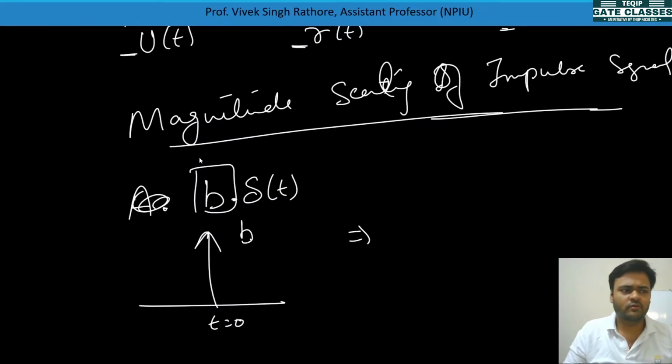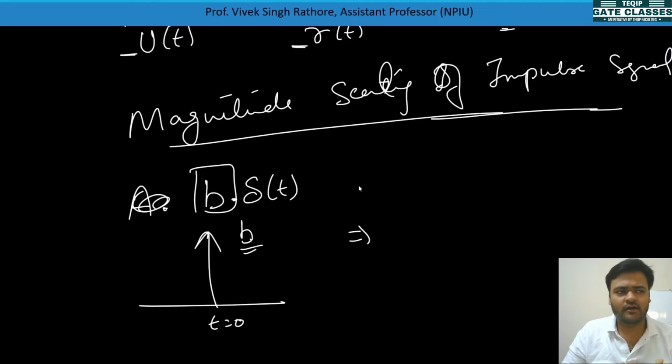So here you will get your area equal to b, because whatever multiplier or magnitude is in front of delta t, that gives us the area. So if you do magnitude scaling of an impulse signal, you actually multiply or scale that area.